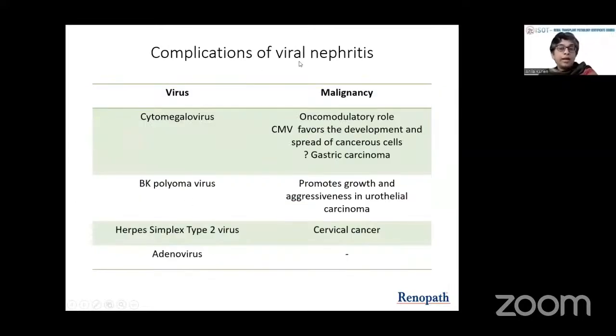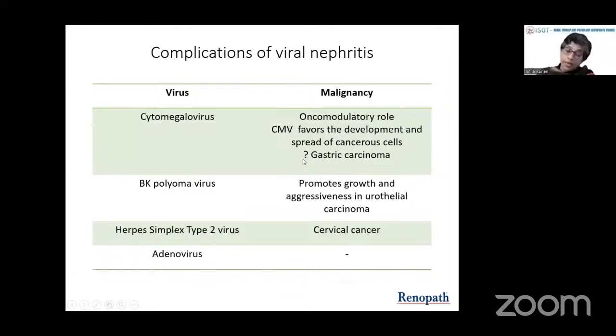Though the list of oncogenic viruses in a graft includes Epstein-Barr virus causing PTLD, I have just included these 4 viruses here because this was our topic. These are not usually in the list of oncogenic viruses, but you need to remember it's been proven that CMV has an oncomodulatory role, in the sense it can favor both the development and the spread of cancer cells.